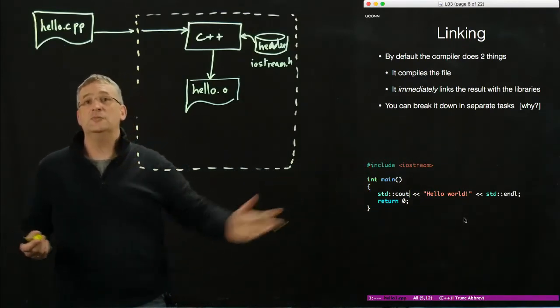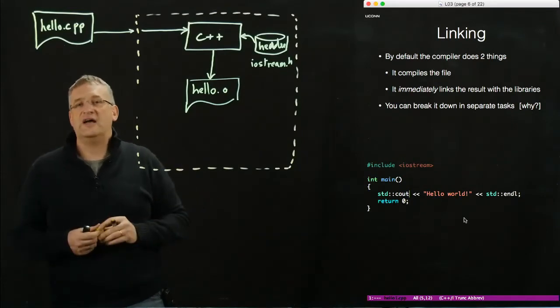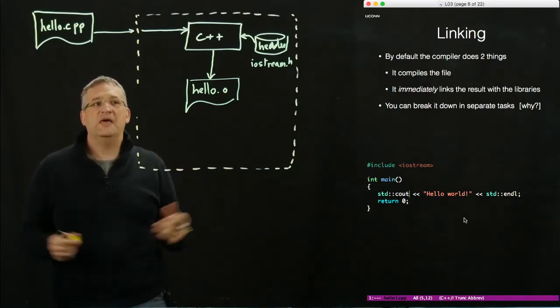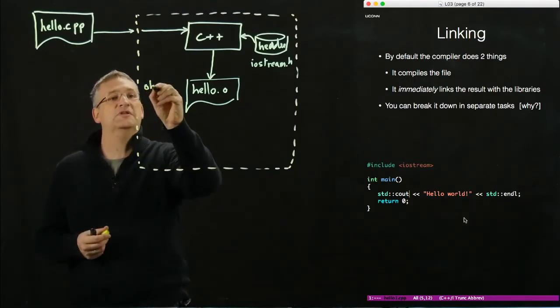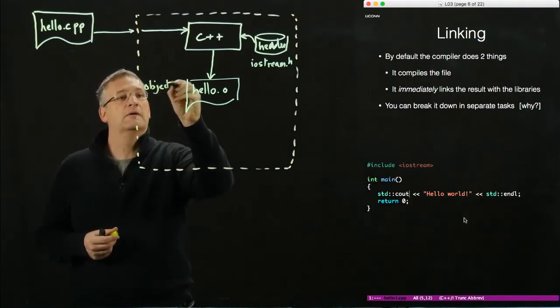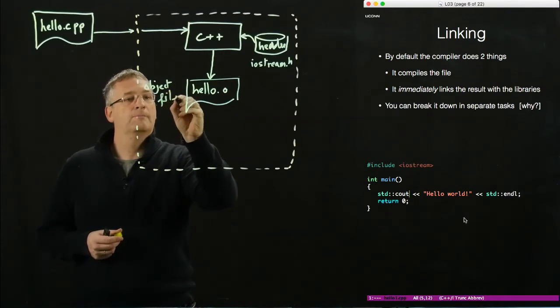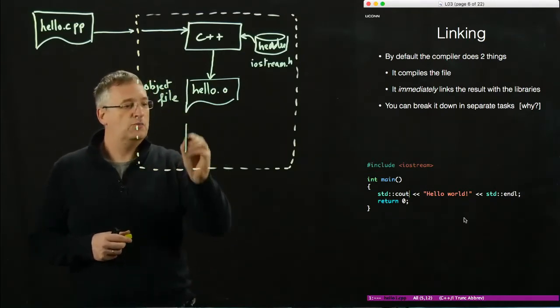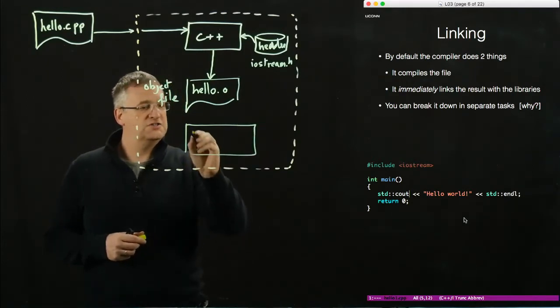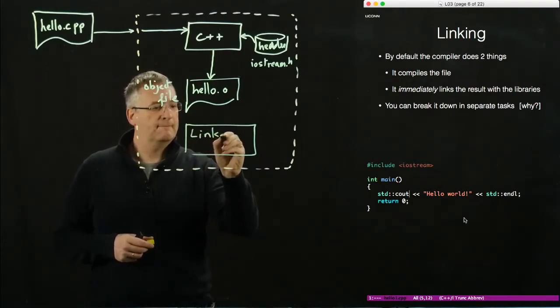It's not executable. You cannot run this. You cannot actually see the behavior of that. To actually obtain an executable, so I'm going to repeat, it's an object file. To obtain an executable, you have to call upon another tool, which is known as the linker.